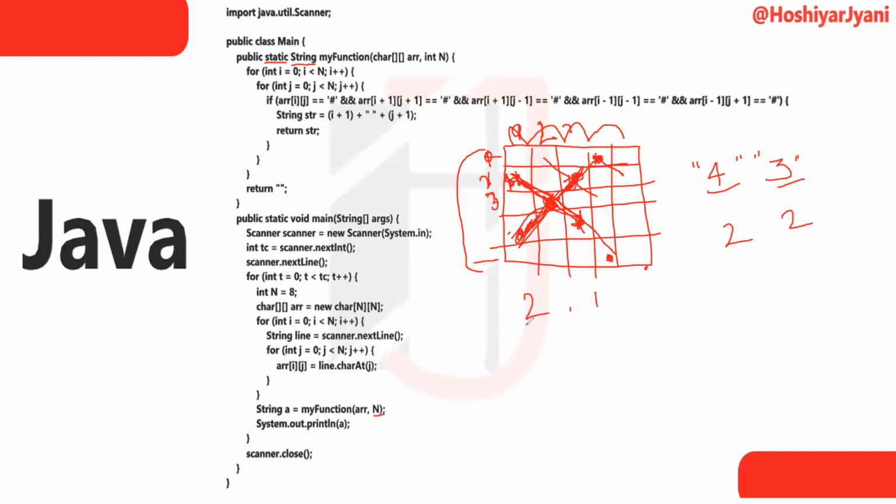So we add 1 here: 3 space 1 plus 1, 2. So we return 3 comma 2. In this case, when we find the element at any position, we simply increment the i value and the j value, and we return from here.